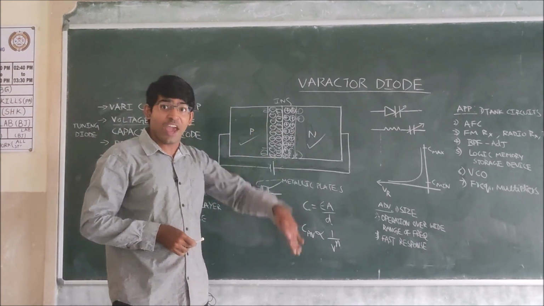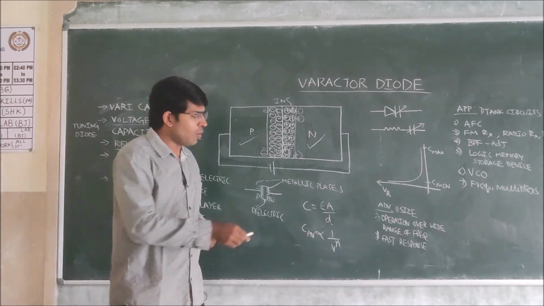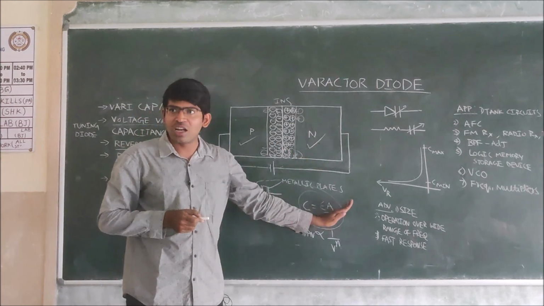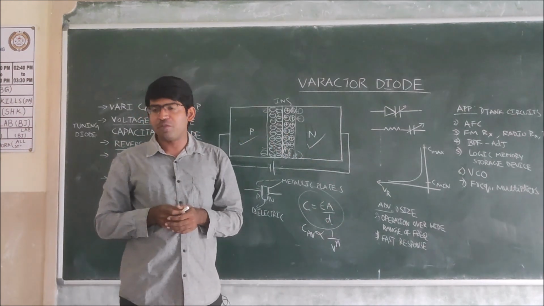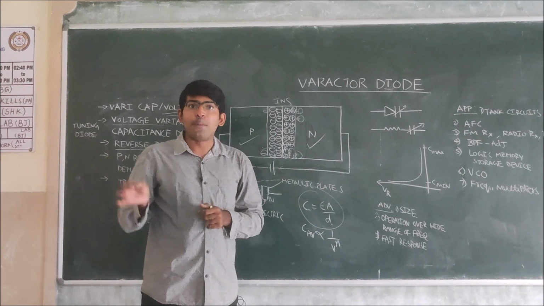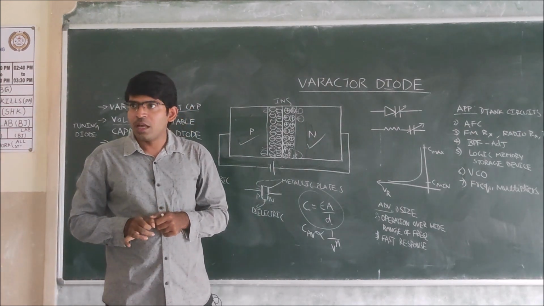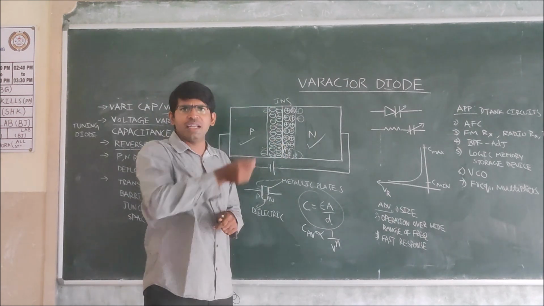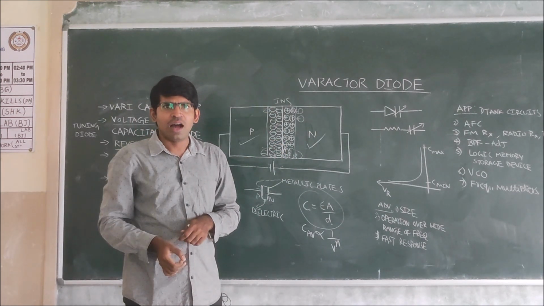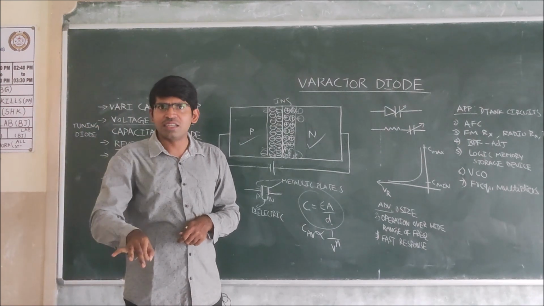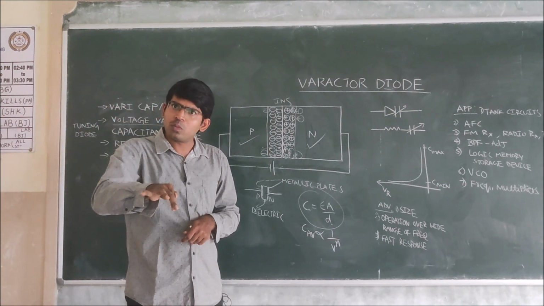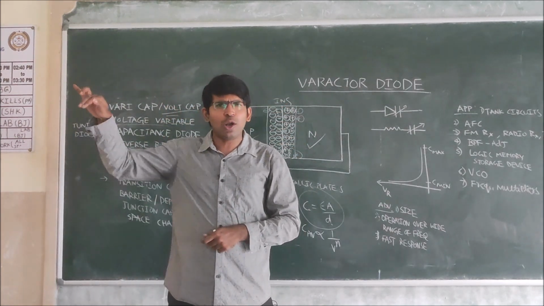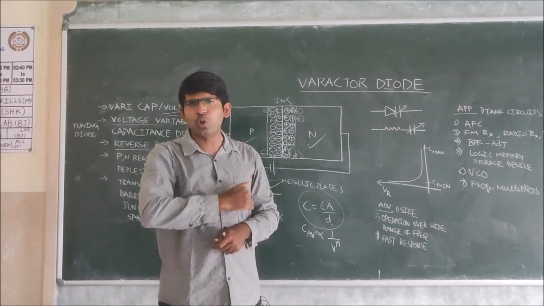Now we have to vary this capacitance. What is the capacitance? C is equal to epsilon A by D, where epsilon is permittivity. Permittivity is the ability of the material to allow electric field lines through it.